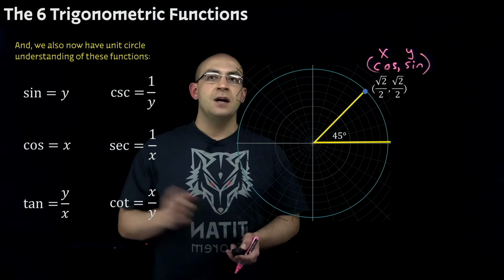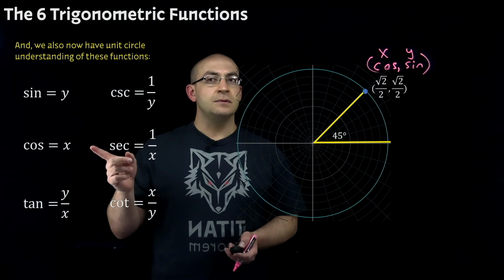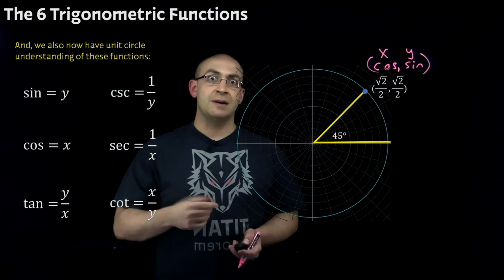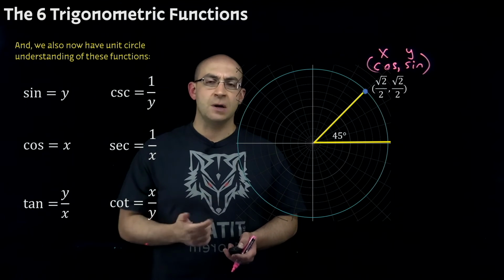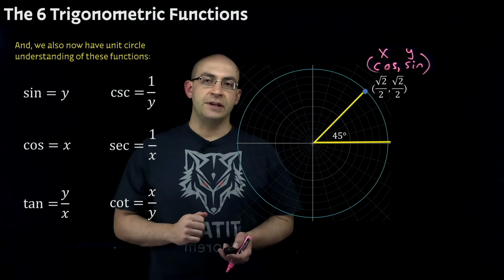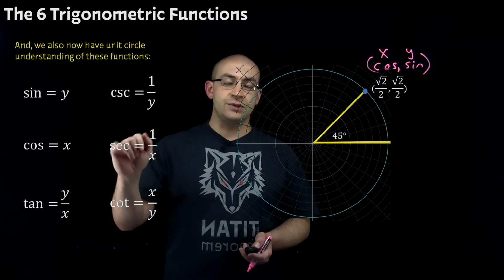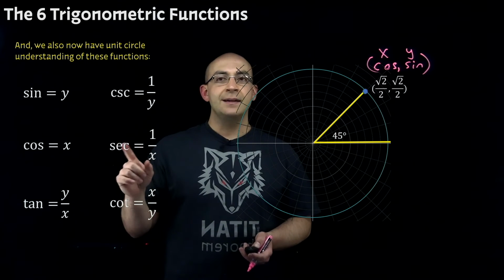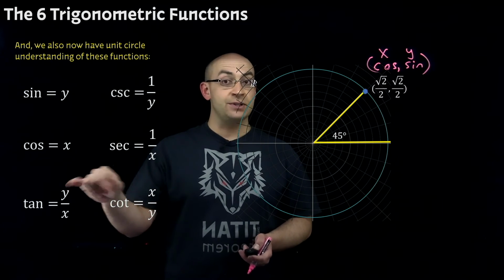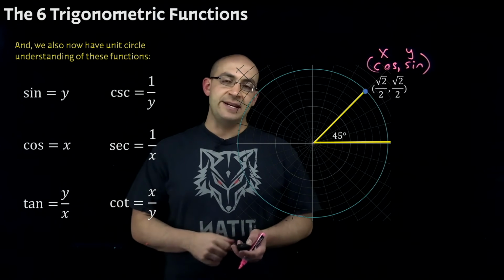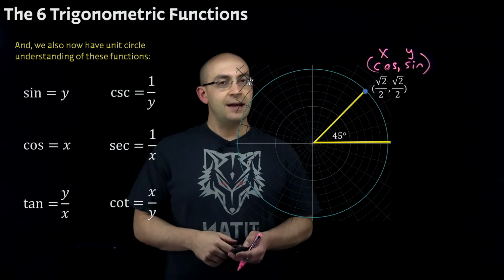And that makes sense, because if I do sine divided by cosine, root 2 over 2 divided by root 2 over 2 is 1. So, a little bit more on that later in another video. Cosecant is 1 over y, and we know that because sine and cosecant are inverses of each other. Secant is 1 over x because cosine and secant are inverses of each other. And cotangent and tangent, that might be the easiest one to remember. It's just the reverse of that as well.